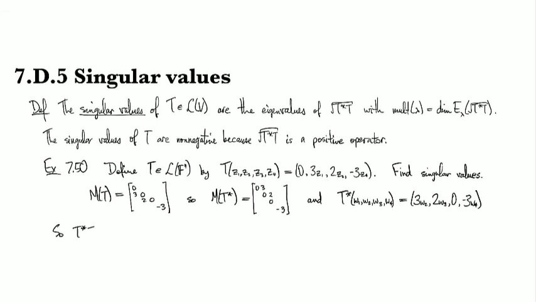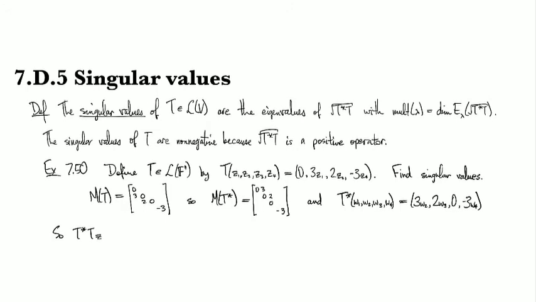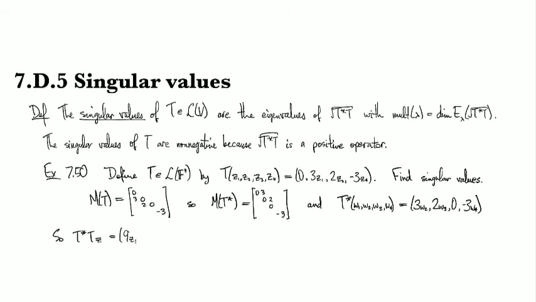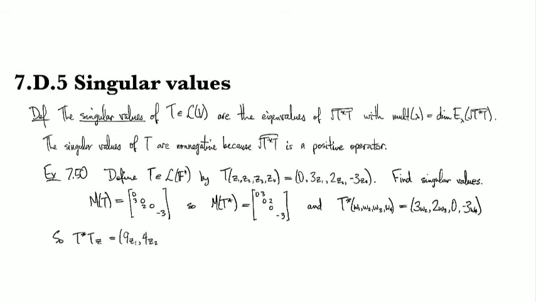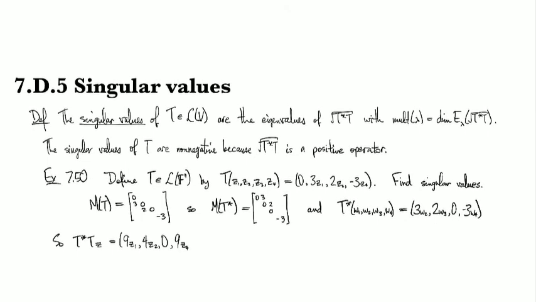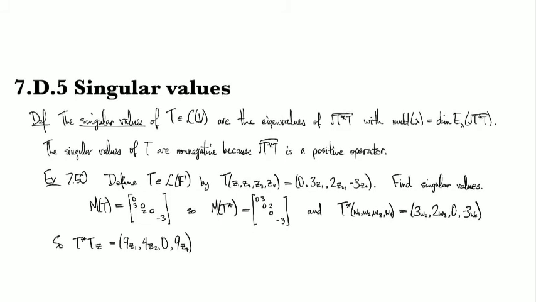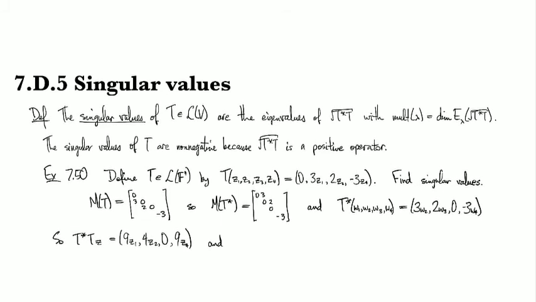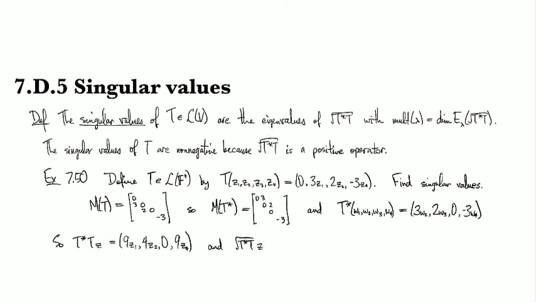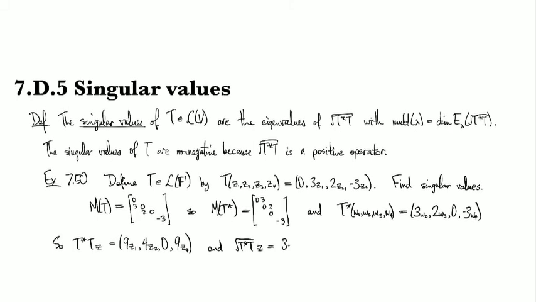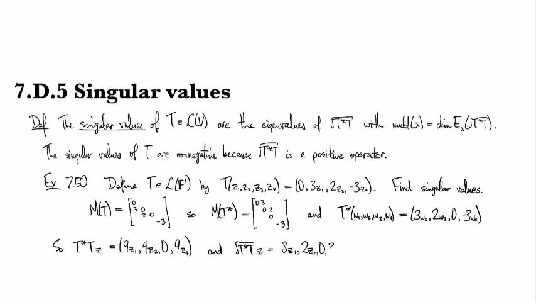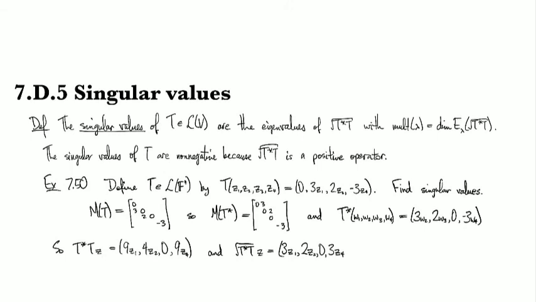Then when we compose these on some unsuspecting Z, we're going to get (9Z1, 4Z2, 0, 9Z4). And if we take the square root, then we get (3Z1, 2Z2, 0, 3Z4).